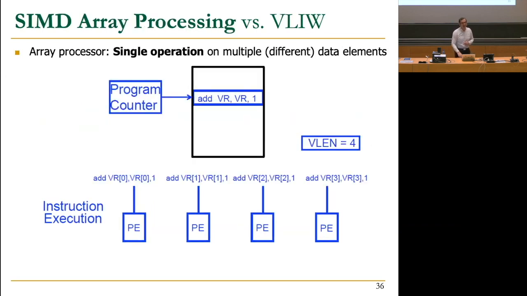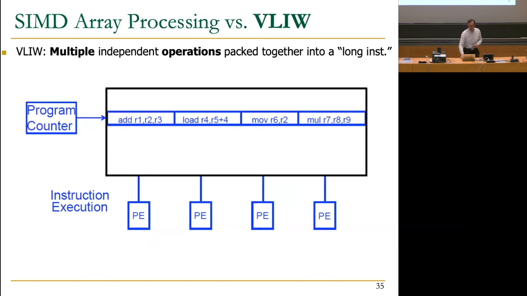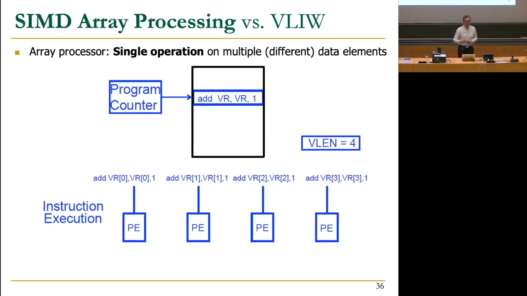Array processor also guarantees that this instruction specifies 4 operations, in this case, vector length is 4, that can be concurrently executed because they're independent of each other because of a different semantic property. In the first case, in VLIW, the compiler guarantees that these are semantically independent. In this case, yet again, the compiler or the programmer guarantees that these are operating on different data values, right?